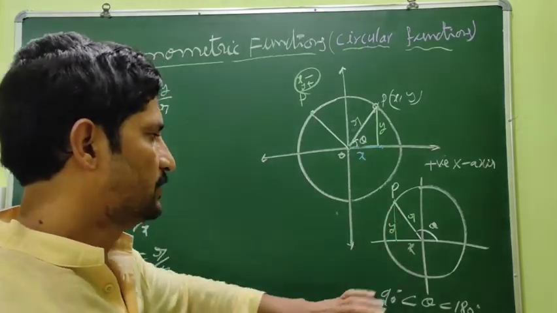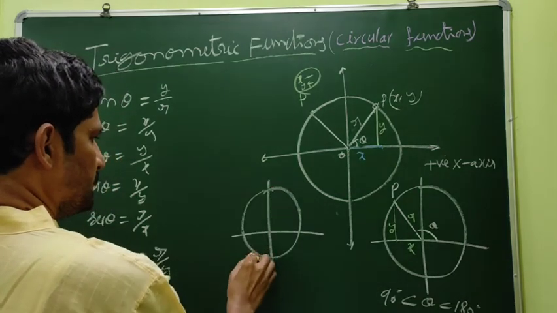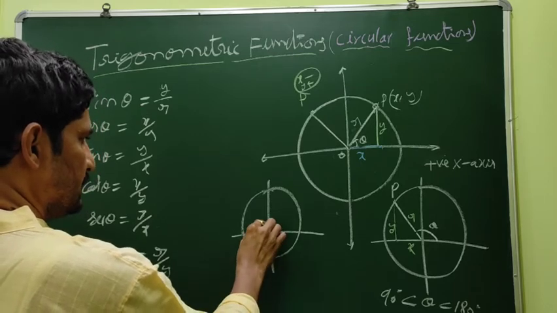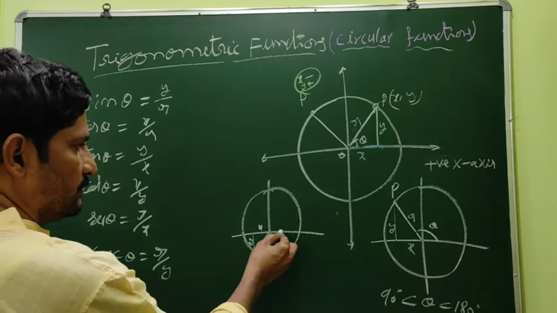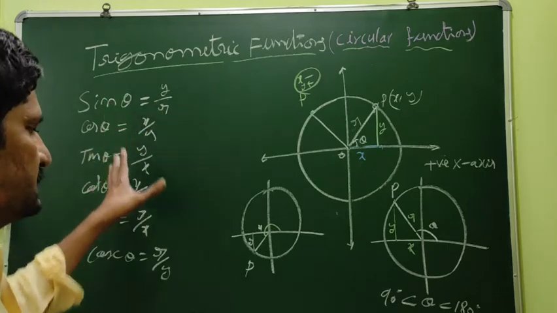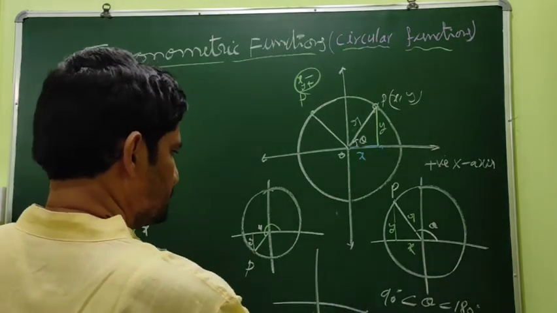Suppose it is in the third quadrant. P is here. Now join this and this. It is x, it is y. Where is angle theta? From this it is angle theta. Here also the definition is the same. Suppose another one is in the fourth quadrant.